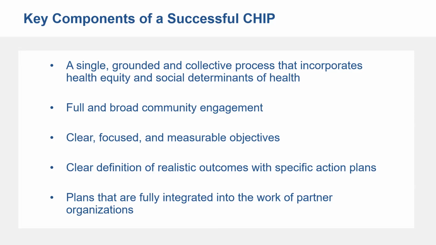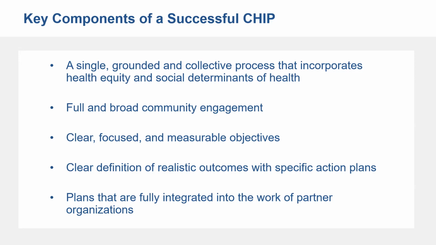You want to have full and broad community engagement, clear, focused, and measurable objectives. And we do provide assistance on developing that, because that can be challenging. You want to have clear definition and realistic outcomes within your action planning. And this really is keeping you on track, so you can see the big picture.